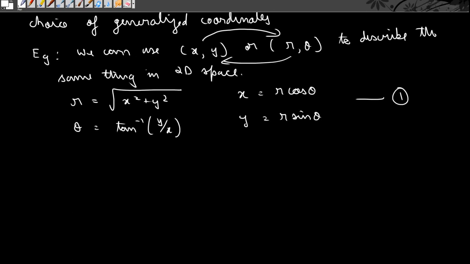The need for this is, if you consider a system which involves a central potential, with the center at the origin, and you want to find the potential at a point, then if I use our x, y system and it is for example a gravitational or a Coulombic potential, V is going to be proportional to minus 1 by root of x square plus y square.